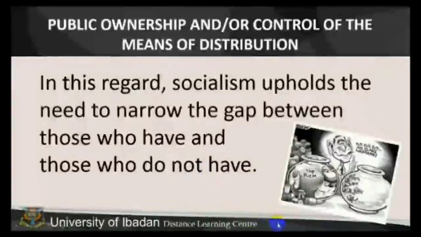The basic assumption is that there is a bottom line to poverty and that every individual should have a share of the produce of the society big enough to ensure a comfortable existence. In other words, distribution of goods and services is not left to market forces alone. Rather, it is regulated by the state in order to ensure that it does not lead to gross inequalities of consumption.